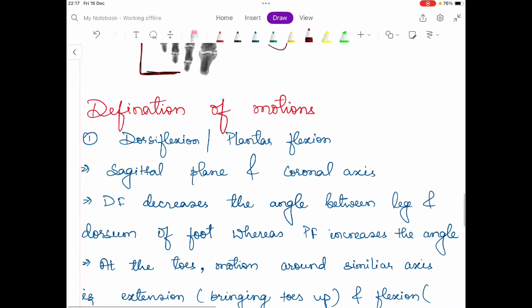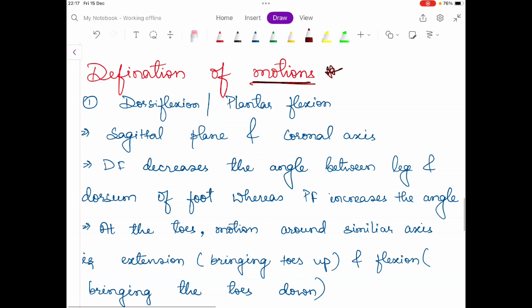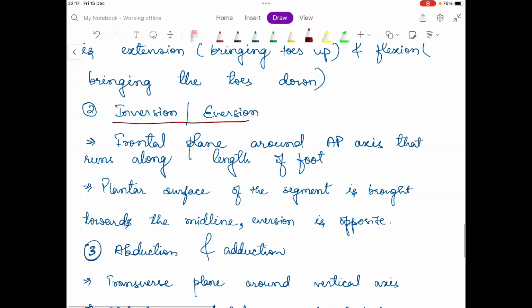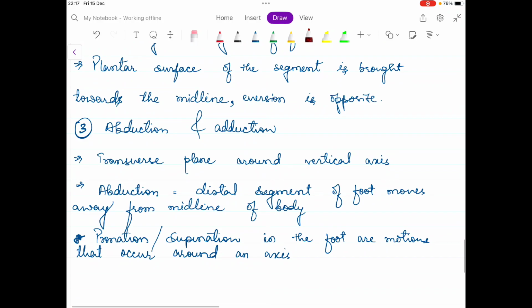Now let's talk about the motions of the ankle complex. Please don't forget it, this is an important topic: motion. There are 3 different kinds of motion which occur in the ankle complex: dorsiflexion and plantar flexion. The second one is inversion and eversion. The third one is abduction and adduction.